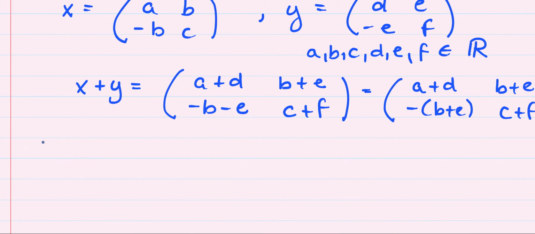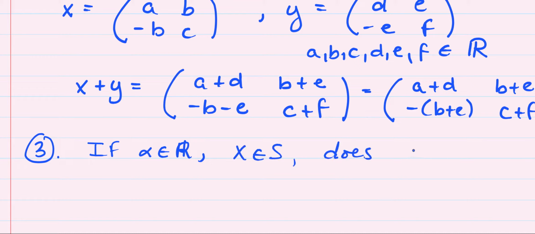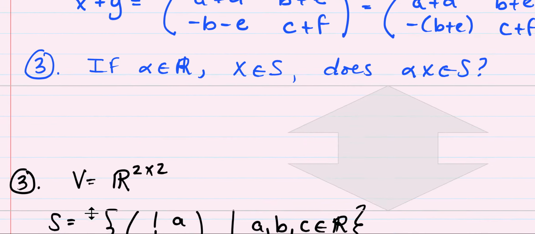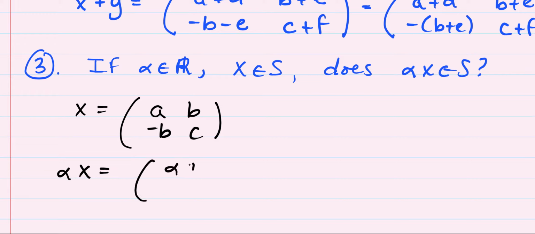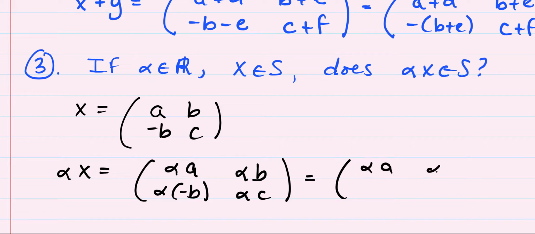Our last step is to see if alpha is a scalar and x belongs to S, does alpha times x belong to S? Okay, so we're going to let x be A, B, negative B, C. Alpha times x is alpha A, alpha B, alpha times negative B, alpha C, which is alpha A, alpha B. We can move this negative in the front.